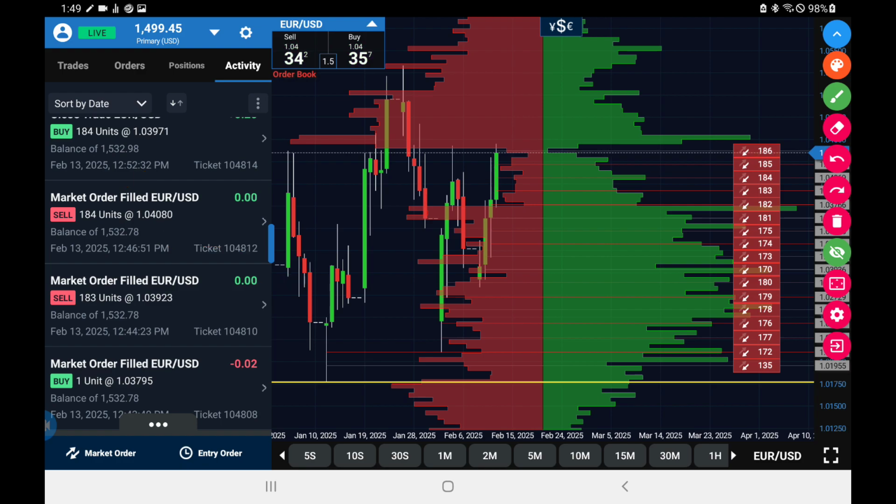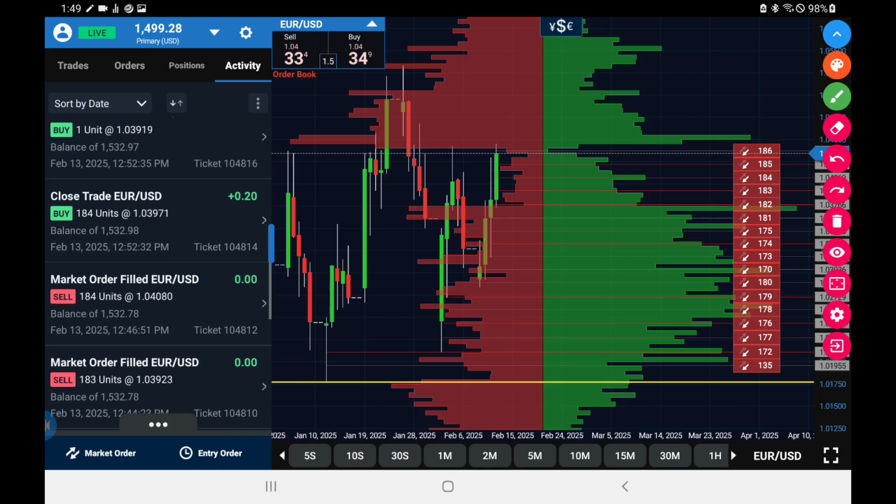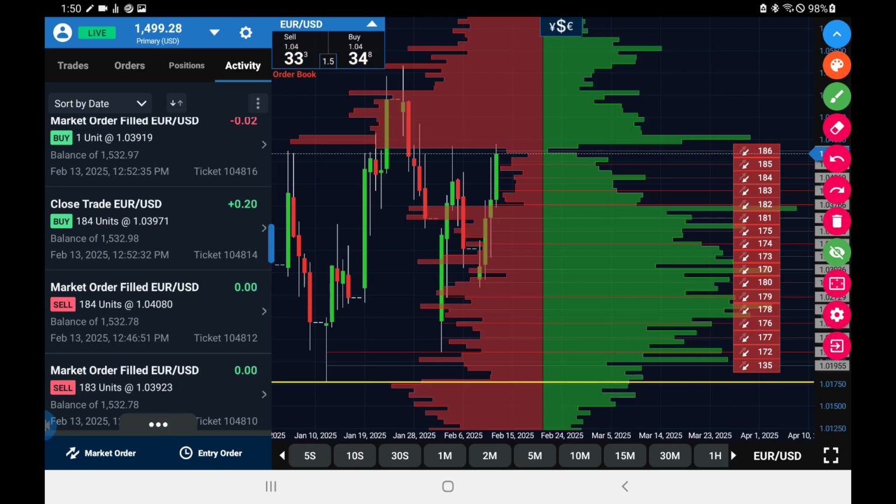Circling the wrong one. Providing I can stay on screen. There we go. Exactly where I expect them to be realistically. This is a stable, consistent profit basis I get every time from these trades.